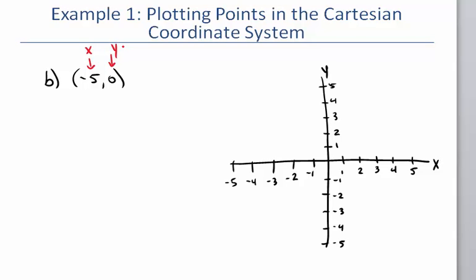So we find the x value of -5 and the y value of 0, which sits at the origin, and we intersect those two. Our point lies right here. That is the point (-5, 0), and that point lies on the y-axis. I'm sorry, on the x-axis.